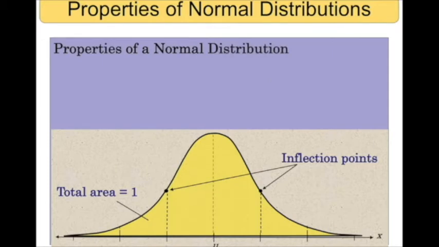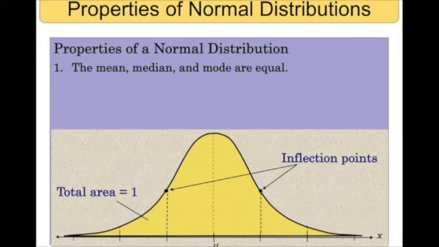Let's go through some properties of a normal distribution. Number one, the mean, median, and mode are equal, as mentioned just now.